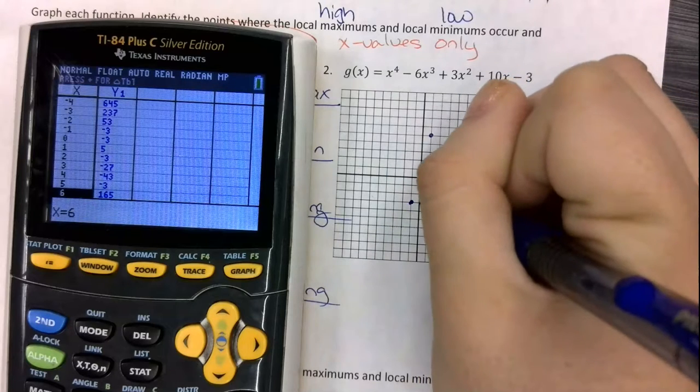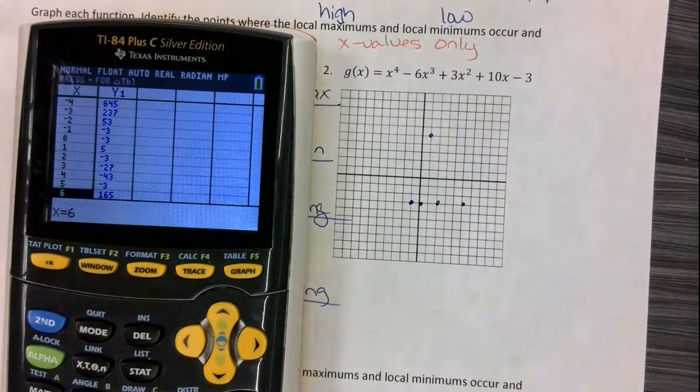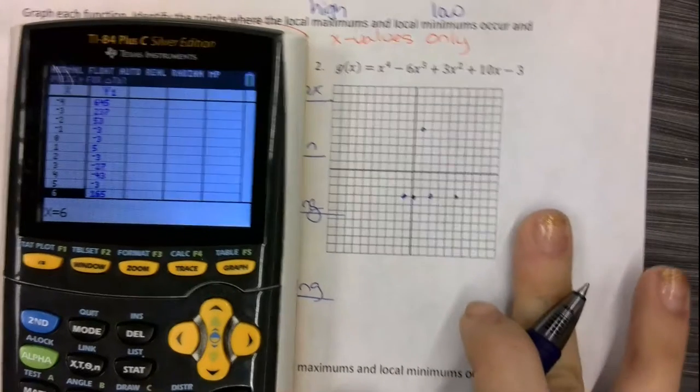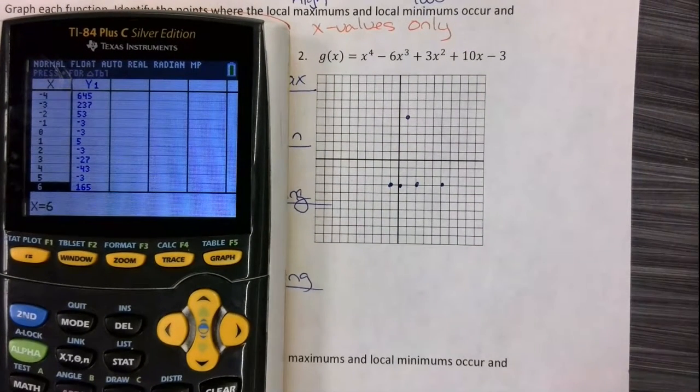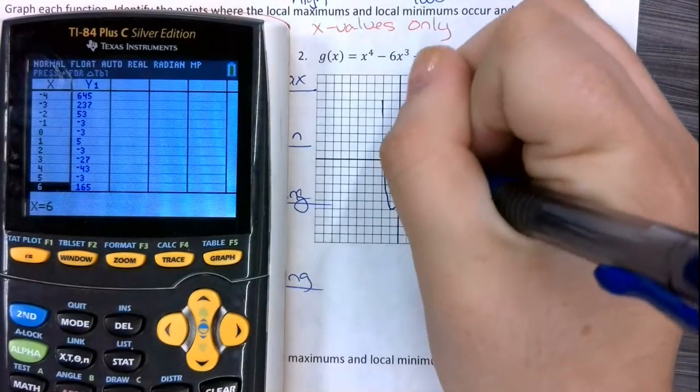And 5, -3. Okay. So remember, this one kind of made a W.